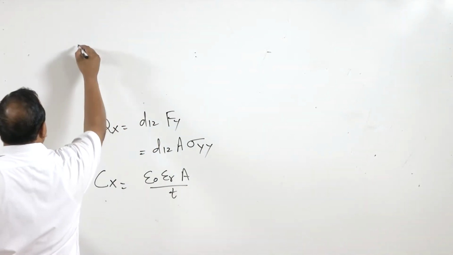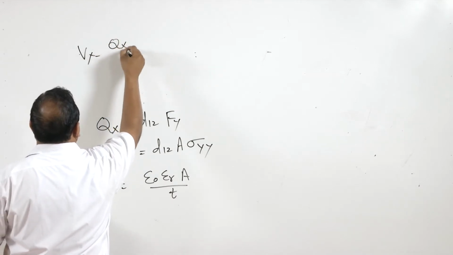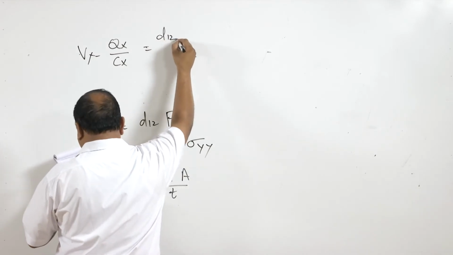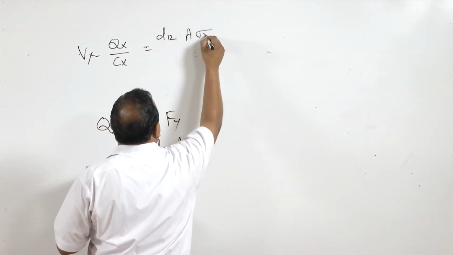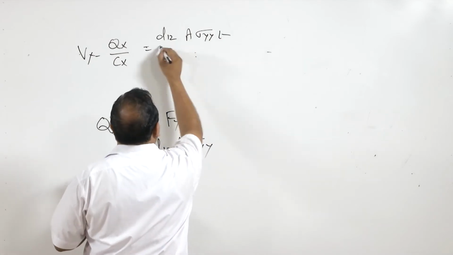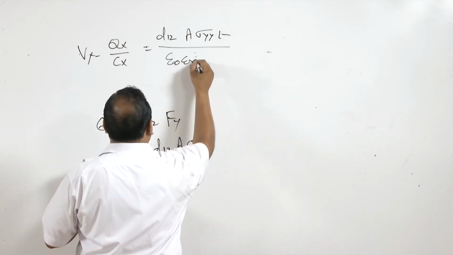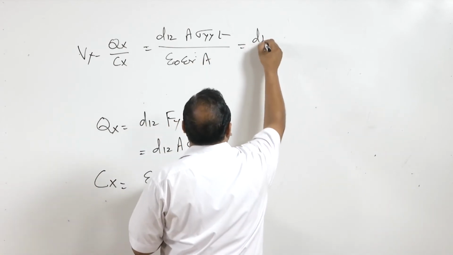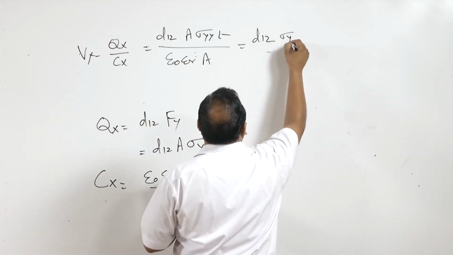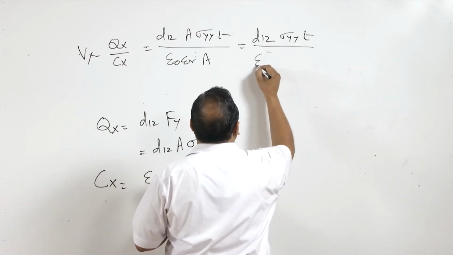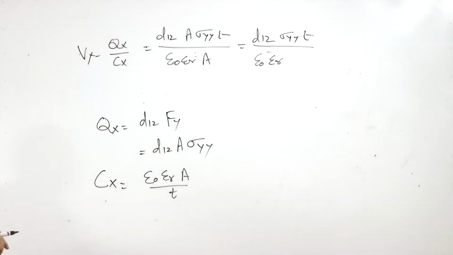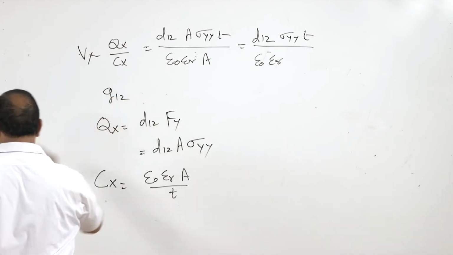Now, Vx is equal to again Qx by Cx, and again D12 A sigma y T by epsilon naught epsilon r A, then A and A will be cancelled out, and it will be D12 sigma y T divided by epsilon naught epsilon r. That's it. Now, from here we can find the value of G12.